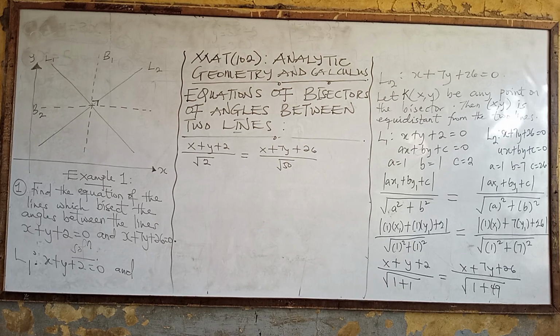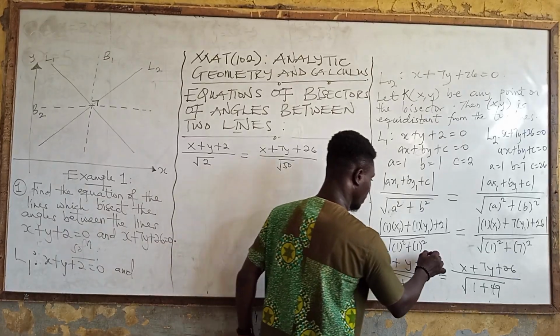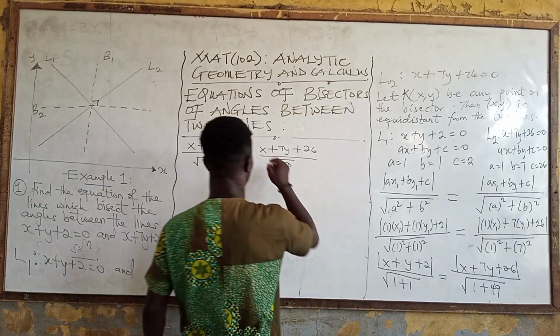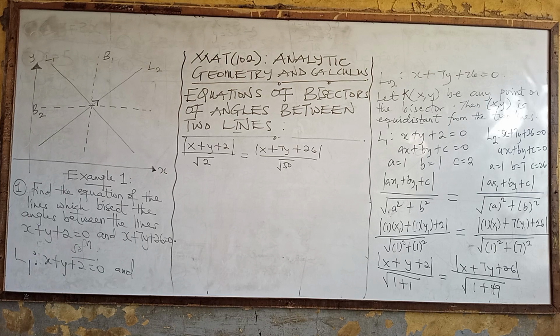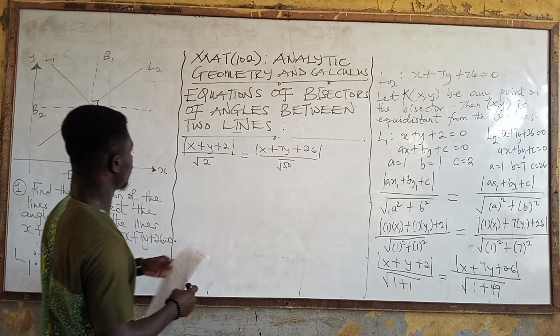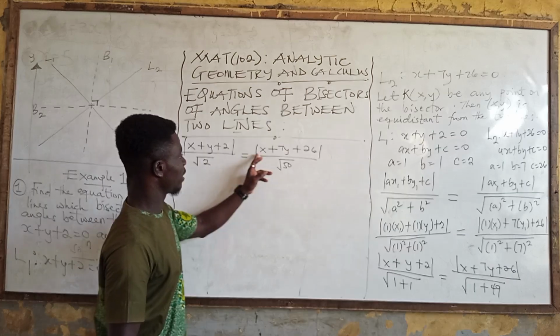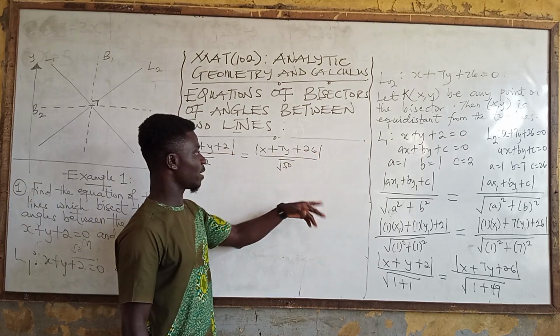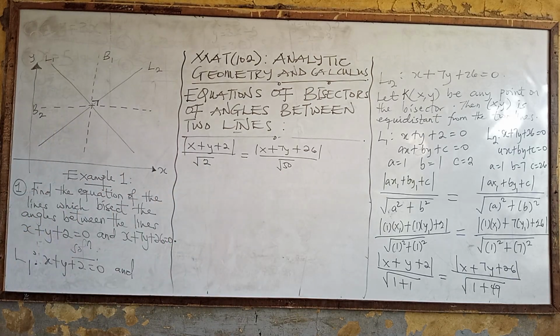So now let's bring our absolute back here. I have the absolute of x plus y plus 2 divided by the square root of 2, equal to the absolute of x plus 7y plus 26 divided by the square root of 50. So now we can do our cross product here.